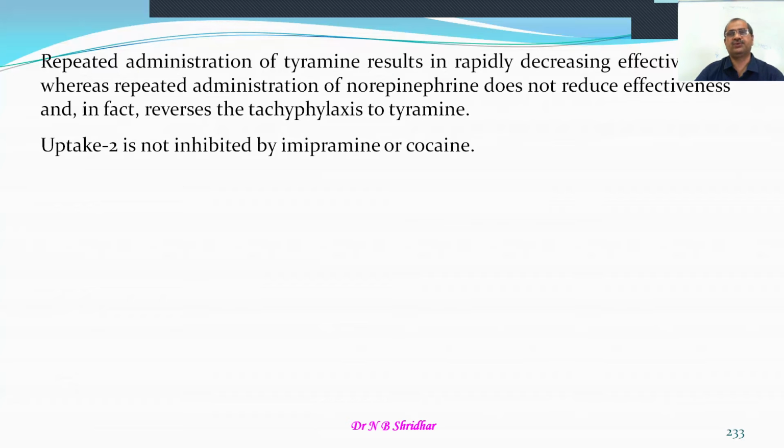Uptake 1, from the intracellular fluid to the exoplasm, is inhibited by ephedrine, amphetamine, tyramine and also cocaine, whereas uptake 2, from the exoplasm to the storage vesicle, is not inhibited by imipramine and cocaine.